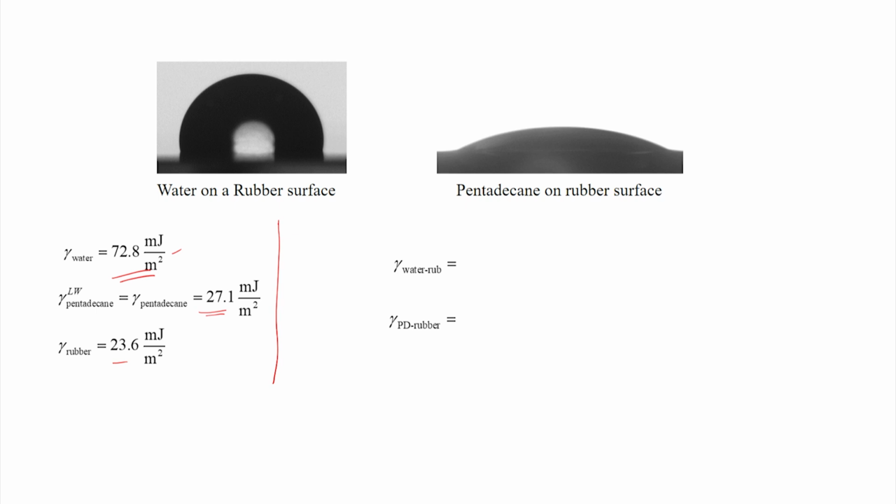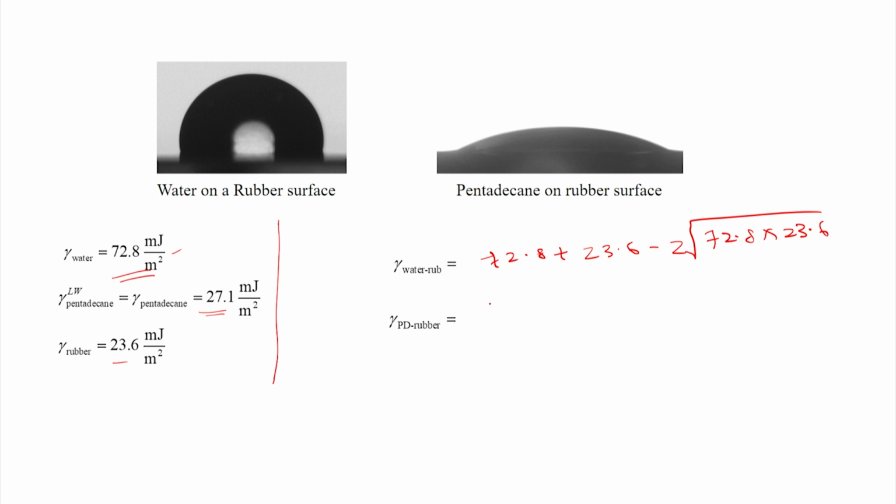If that is the case, then what will be the water-rubber interaction? Let us see. It will be 72.8 plus rubber 23.6 minus 2 square root of 72.8 into 23.6.